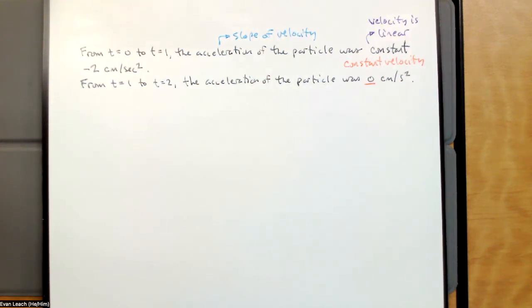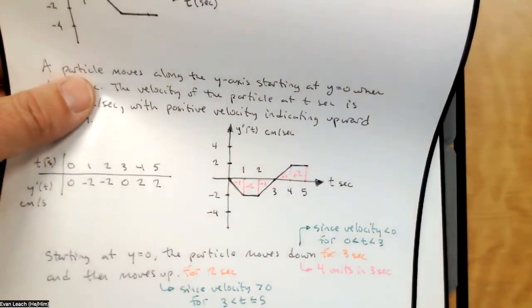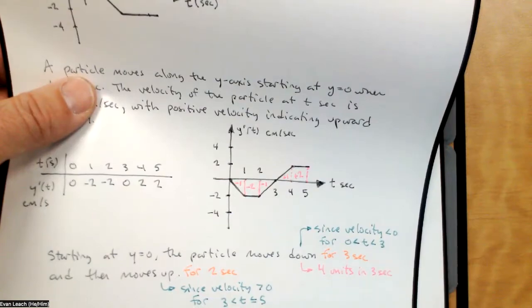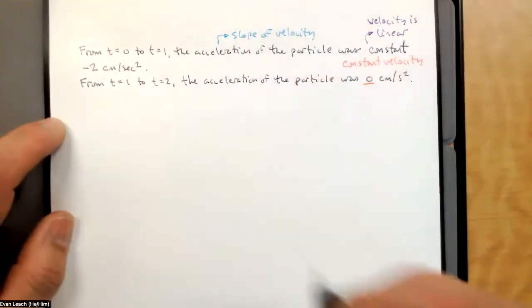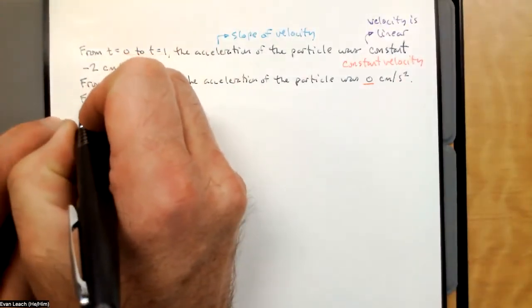The velocity is not changing, so that's the acceleration being 0. And then from t equals 2 to t equals 4, the acceleration of the particle is a constant 2 centimeters per second squared. So it's not just from 2 to 3. I kept the same line going from t equals 2 to t equals 4.